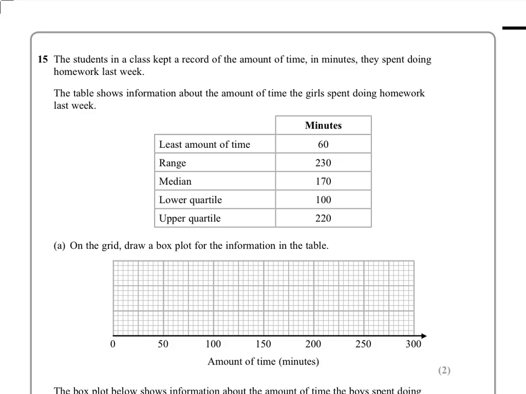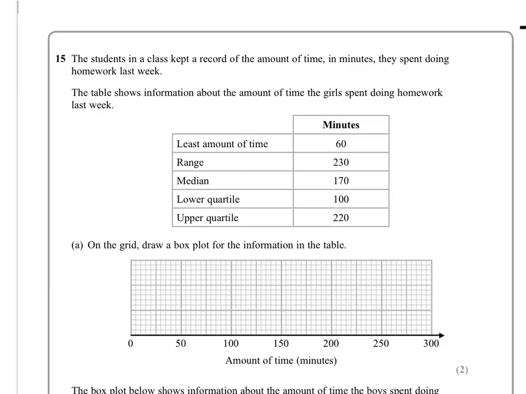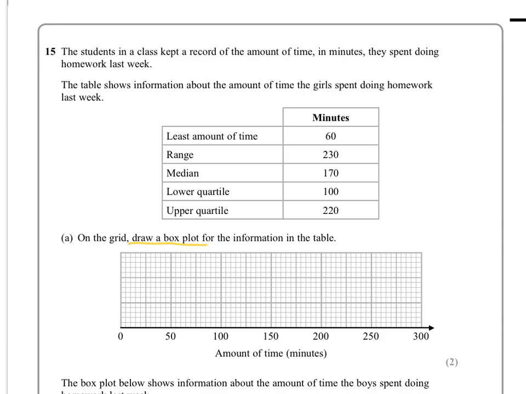So let's have a look at this. We've got to draw a box and whisker plot for the information shown in the table above. So we know the least is 60 minutes, so make sure we can check our scale here. So 50, 60, 70, 80, 90, 100. So we've got 60 here. So there we go. You can put that in.